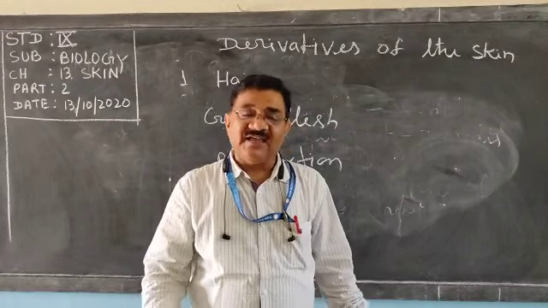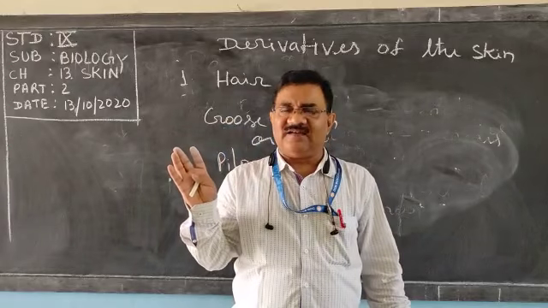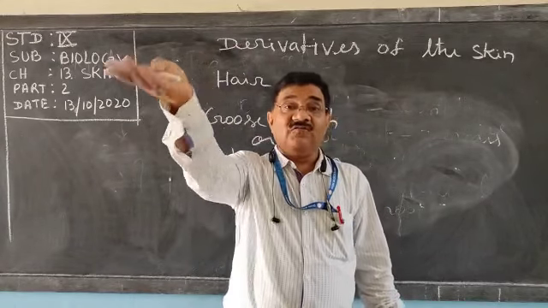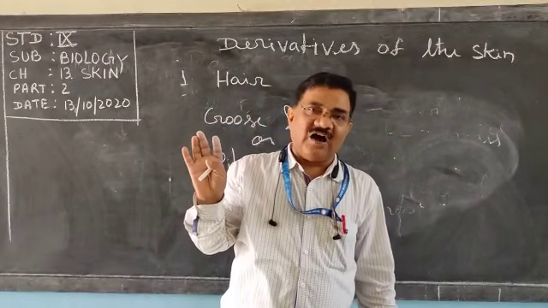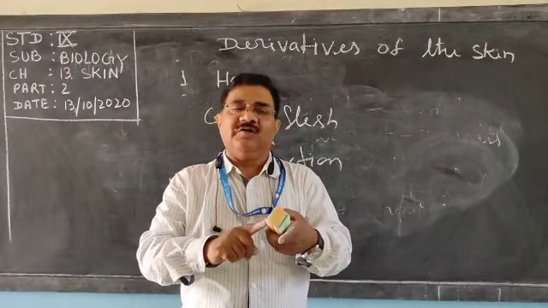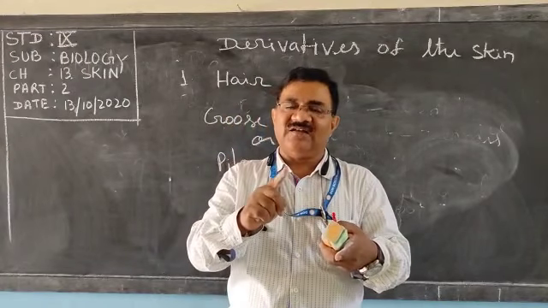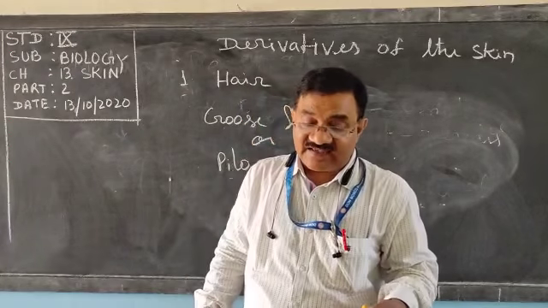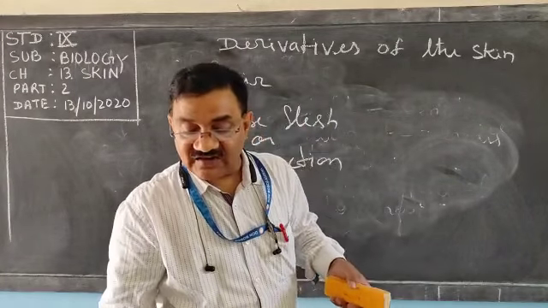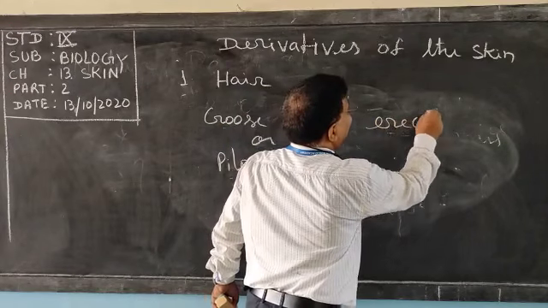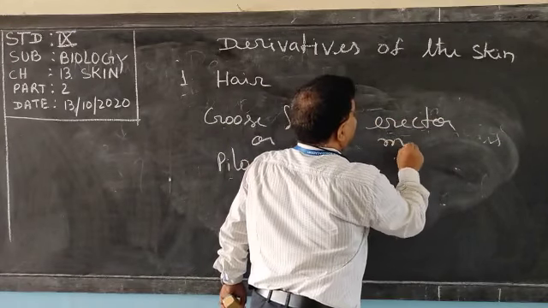It happens due to two reasons: either cold outside, or emotion. During cold or due to emotion, our hair becomes straight, and that is the action of the erector muscle.